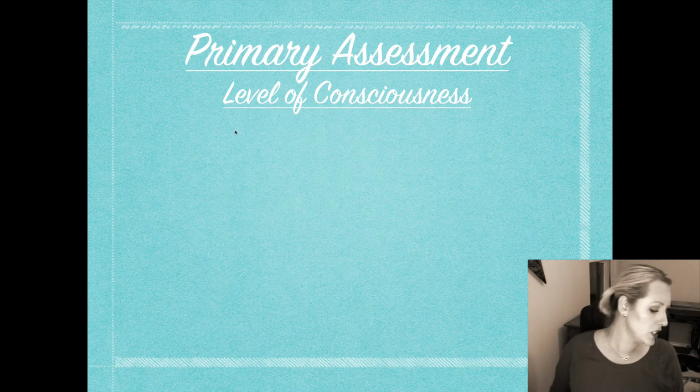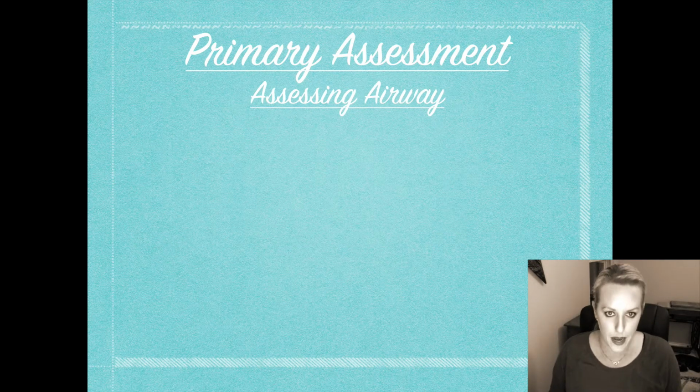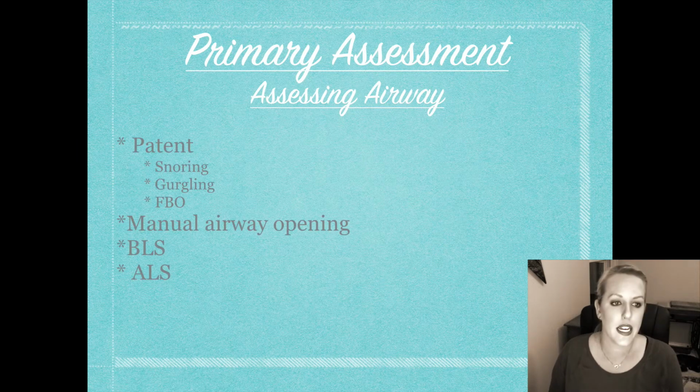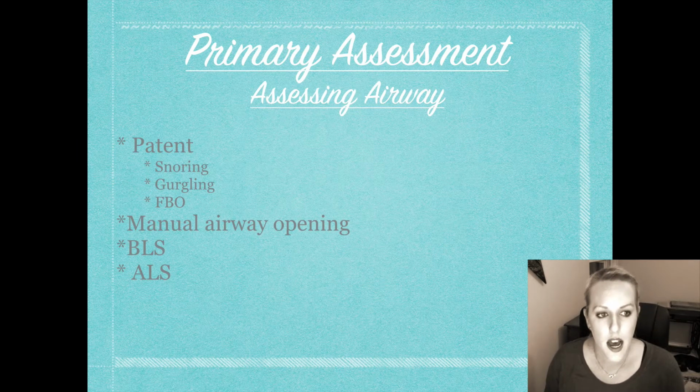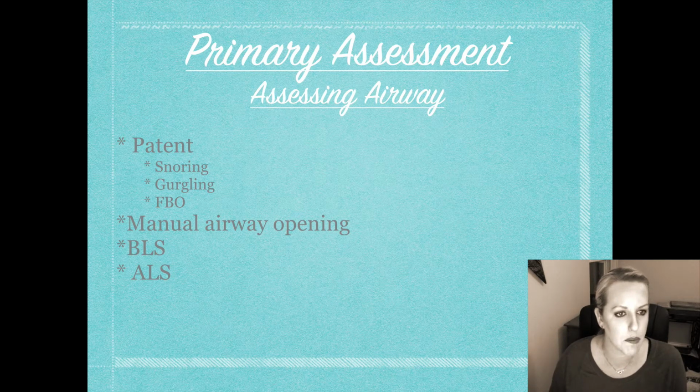So next we want to assess the airway. We want to know, is my airway patent? By patent, I mean they're free of any obstructions, they can breathe normally. Non-patent would be snoring respirations, gurgling, or any foreign body obstructions.